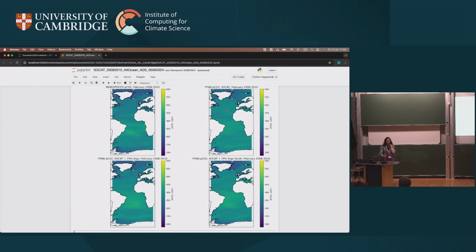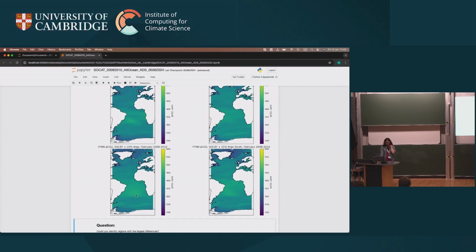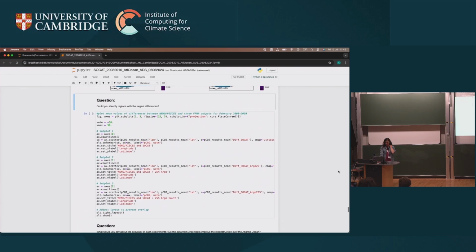And also, as someone mentioned, the value is a bit higher in the North Atlantic. And if you go to the other two, we can see that there is already this local maximum that appears, and maybe the North Atlantic also looks a bit better.